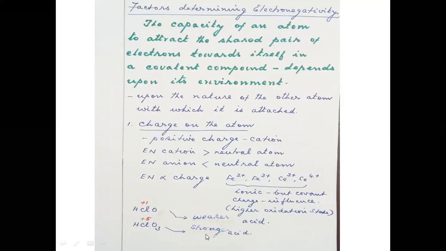So this strong nature and weak nature is now determined by the electronegativity of the chlorine, and in turn the electronegativity of the chlorine is determined by the oxidation state of the chlorine. Here it is plus 1, here it is plus 5. So the charge on the atom is one of the determining factors of electronegativity.